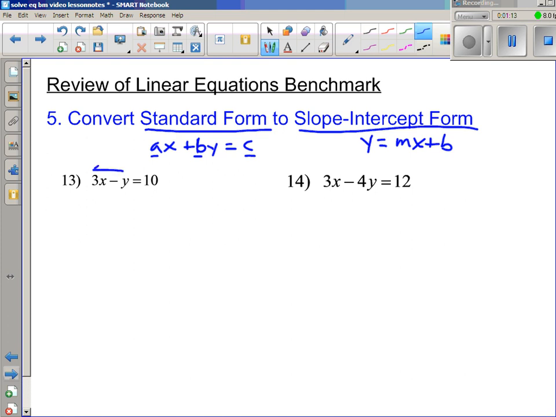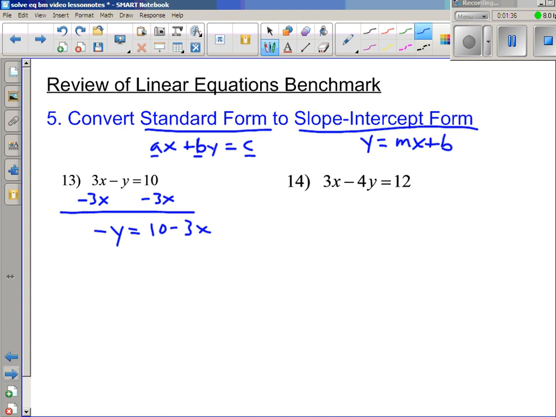Sometimes kids try to read from right to left, thinking there's a minus 3x there. That's not actually the way it is. This is a positive 3x that gets undone by subtracting, leaving a negative y on this side, and 10 minus 3x since 10 and 3x are not like terms. Now the y is almost by itself.